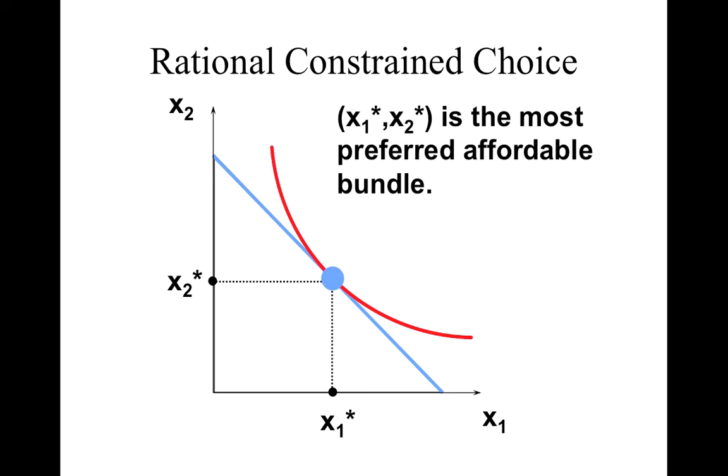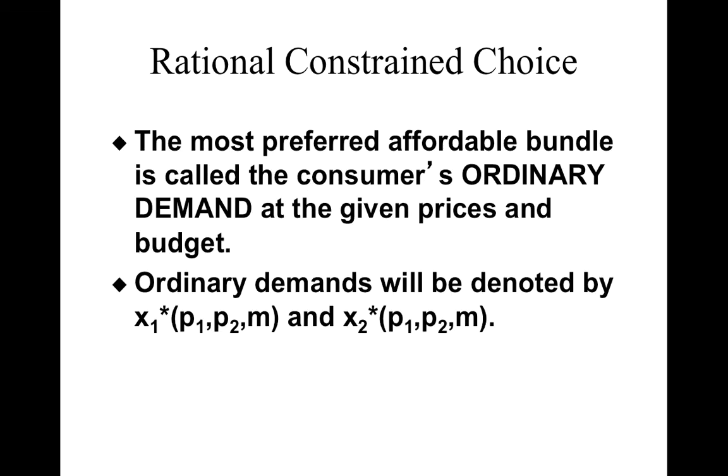Notice that the optimal bundle is the most preferred bundle, but it is also the most affordable bundle that the consumer could have. The most affordable bundle is called the consumer's ordinary demand at the given prices and budget.